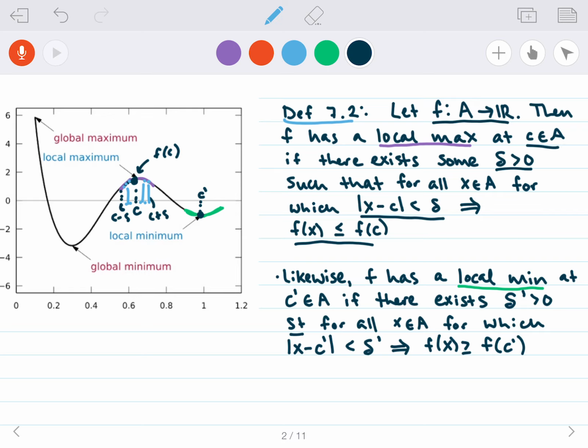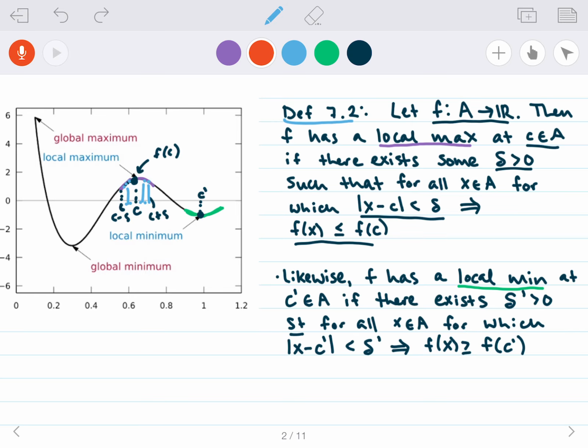And we have a similar definition for local min. I'm calling this point c prime, and we say that f has a local min at c prime in our domain if there exists some delta prime neighborhood, so that any x in that delta prime neighborhood centered at c prime implies that f of x is bigger than or equal to f of c prime. So we have a similar situation here.